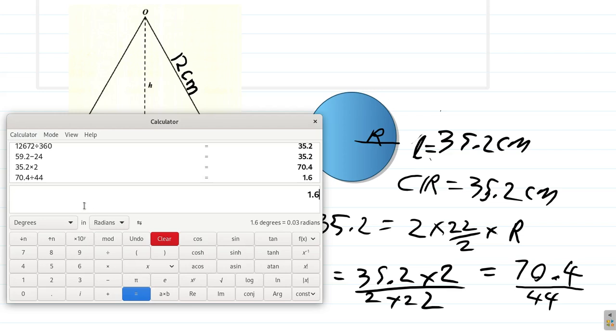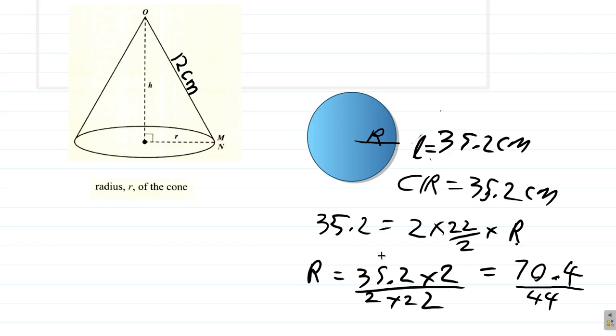Alright, so 70.4 over, hold on, what did I get here? Over the radius. Let me see something here. 2 pi r is what I have here. It's 22 over 7. Why did I write 22 over 2?